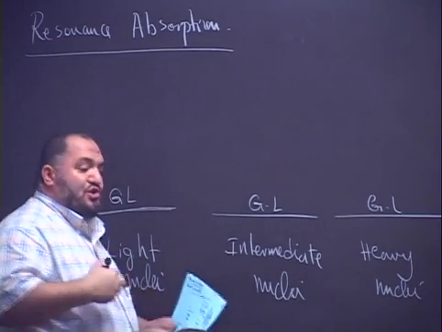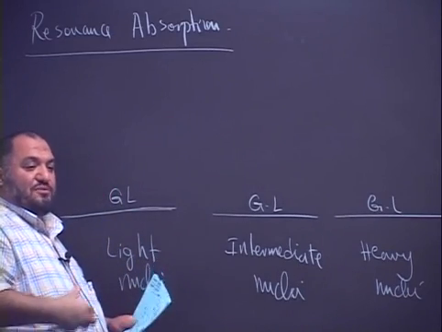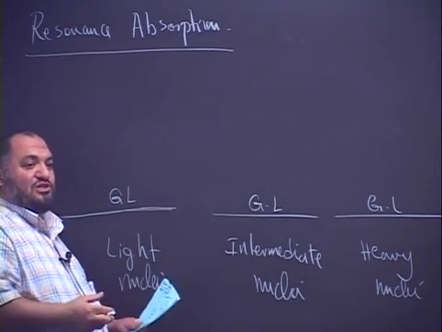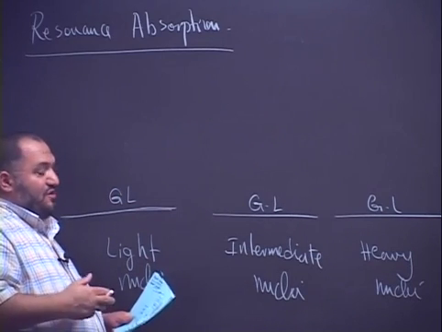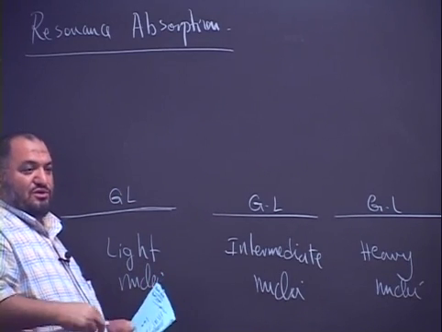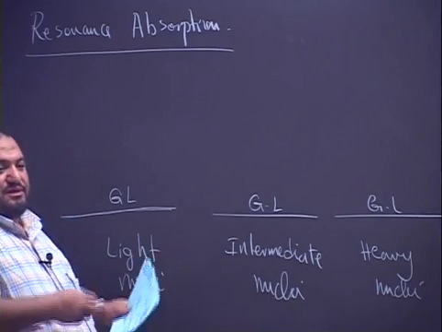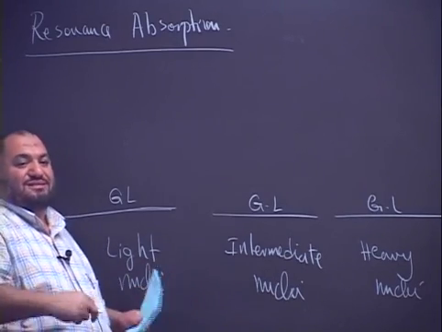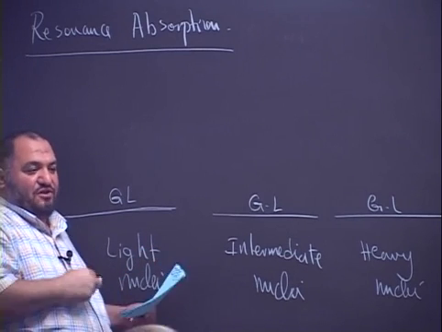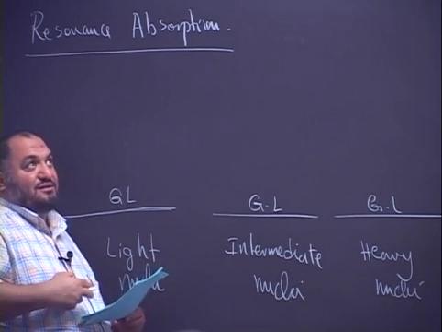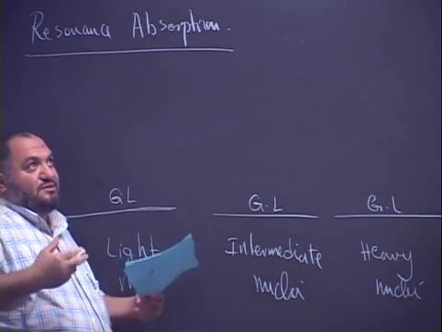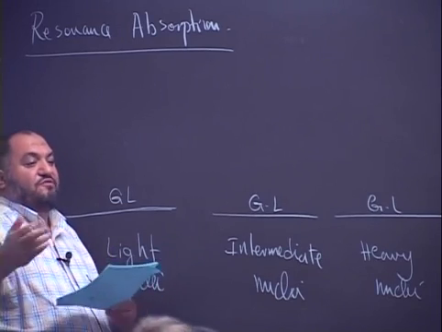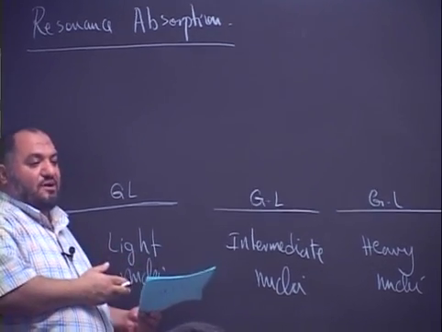One of the models that describe the atomic nucleus is called the shell model. There is a liquid drop model, there is a shell model, and there are collective models. Each of those models has successes and failures. Each is very successful in describing some phenomena and fails in describing others.